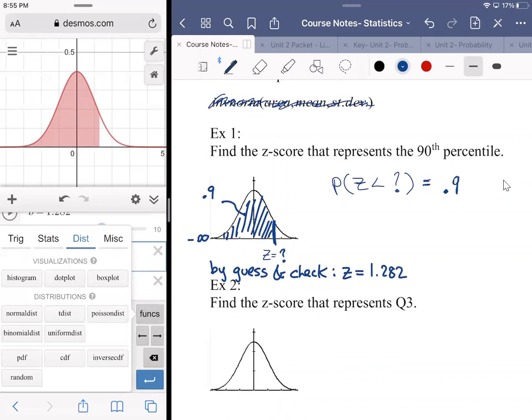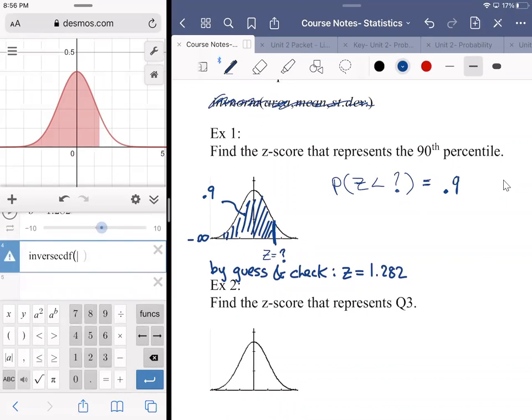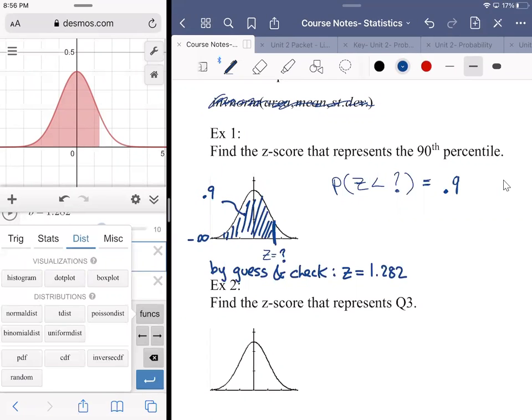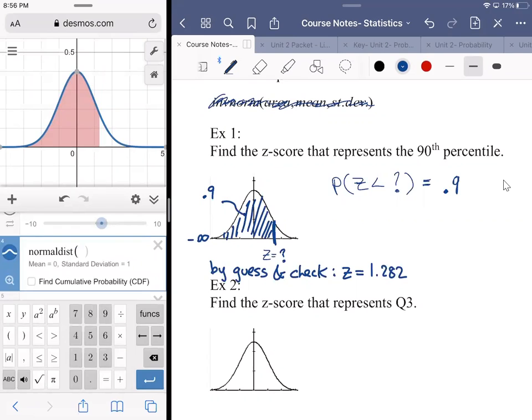So you go into functions, right? You have this inverse CDF. Oh, sorry, we don't do that yet. You got to tell it what kind of function, normal distribution, and then inverse CDF.